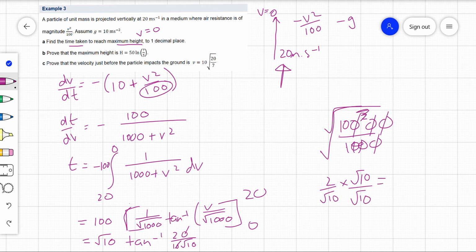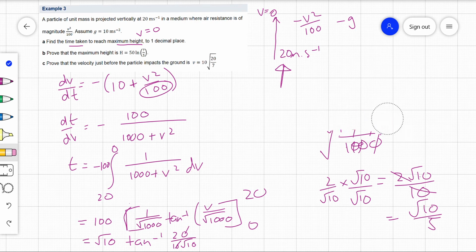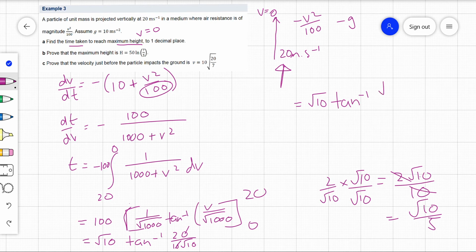Hopefully you can follow me. So I've got 2 root 10 on 10, so it is root 10 on 5. If I wanted it to look nice, it equals root 10 inverse tan of root 10 on 5. That is the time.